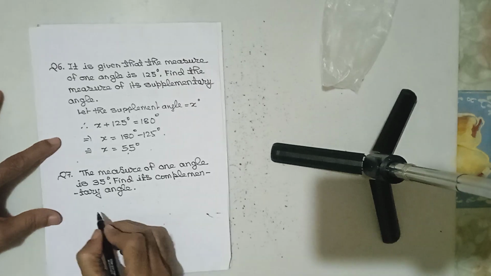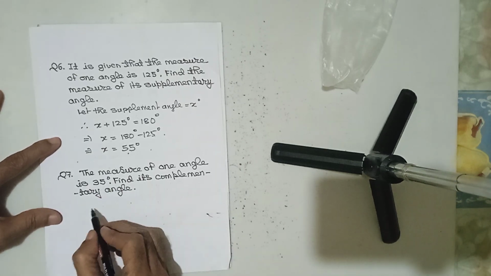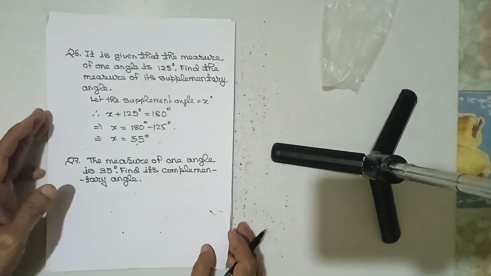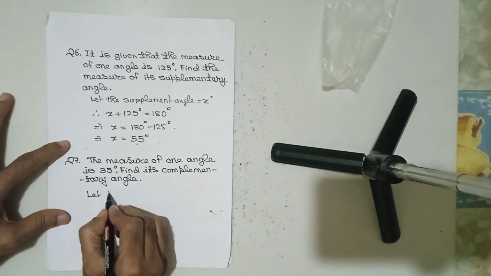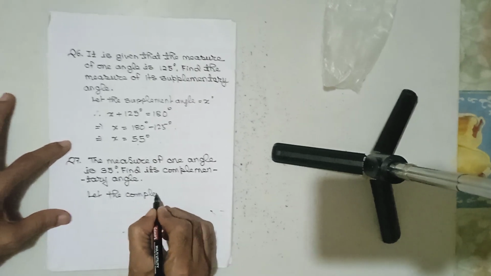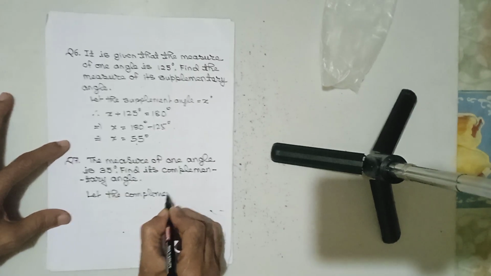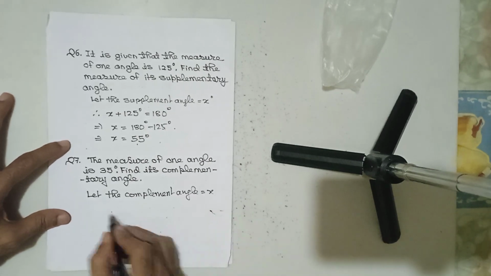Now we will come to this question. The measure of one angle is 35 degree. Find its complementary angle. Complementary angles sum to 90 degree. Let the complementary angle be x.